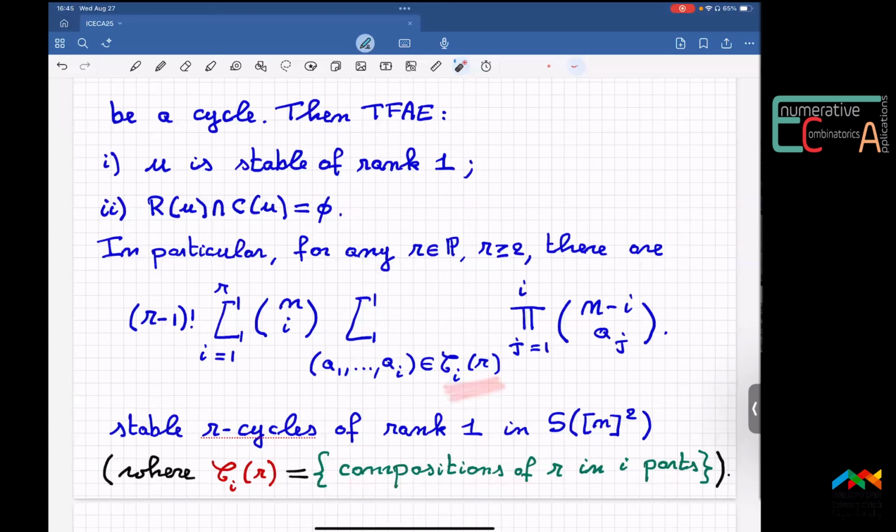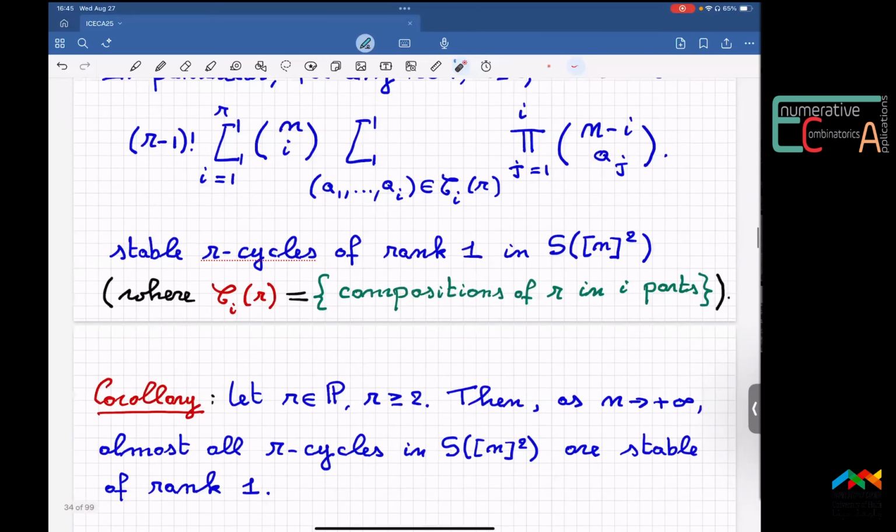So you see that this number is a polynomial in n, a polynomial in n of degree 2r, and leading term 1 over r. So this has this surprising consequence.